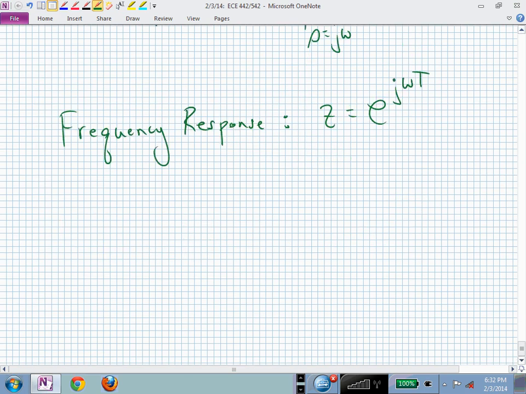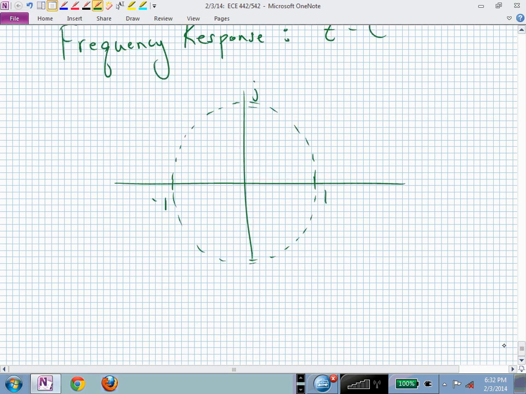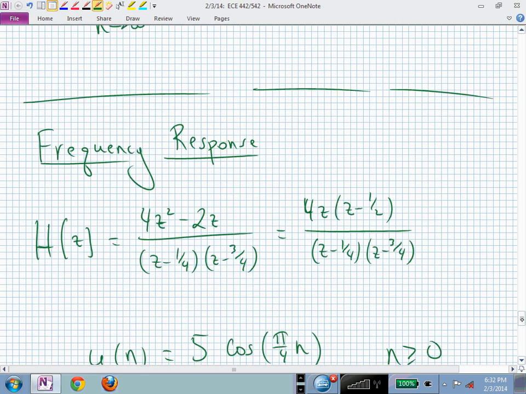If we sketch the picture, I should probably just draw it and then label it after the fact. That's our unit circle in the z-plane, and we know what h of z gave us.